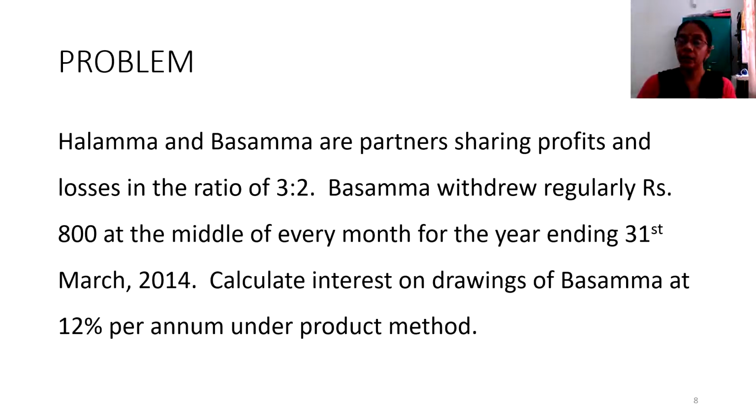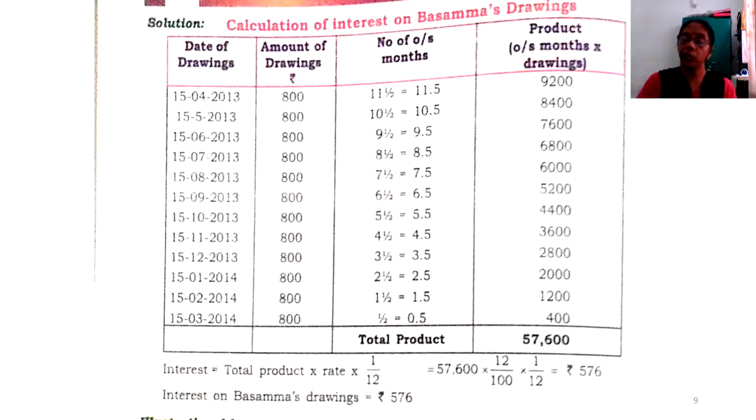Understand, irrespective of the number of days in a month, we would consider 15th as the date of withdrawal. Let it be either December or February, whichever month you are talking about, 31 days, 30 days, 28 days or 29 days. And the period that is still in coverage will be taken as half a month. I will just show you with the computation.